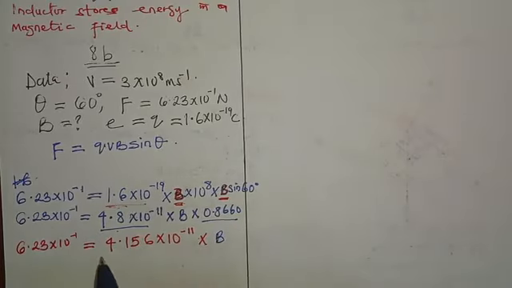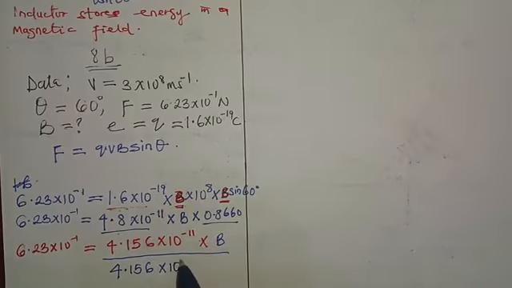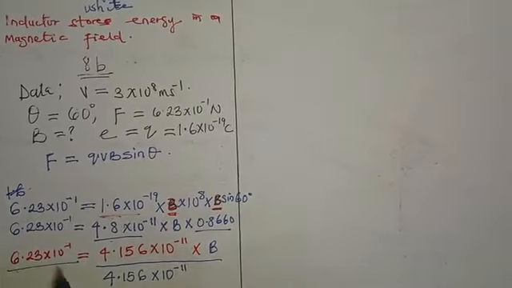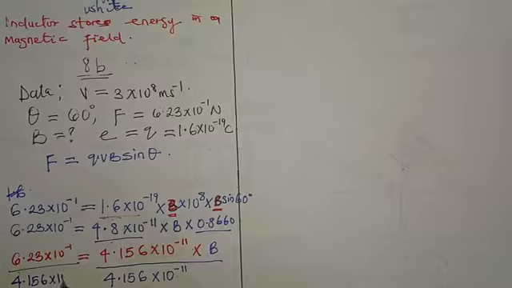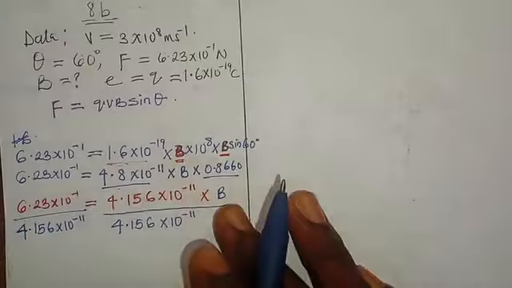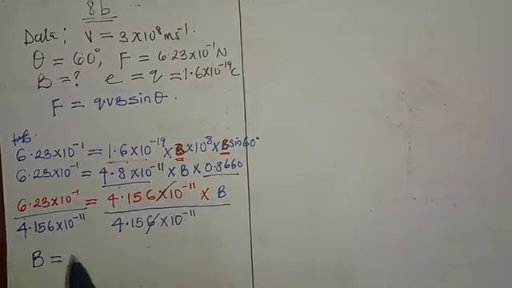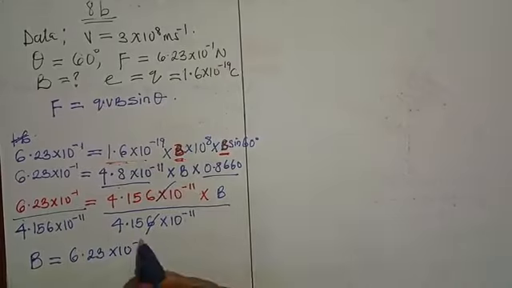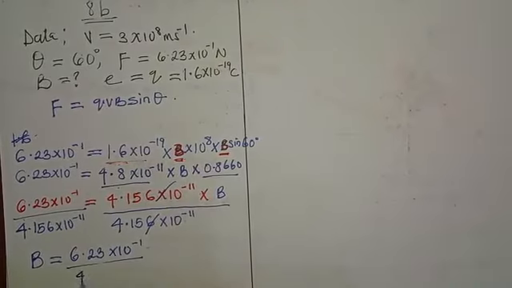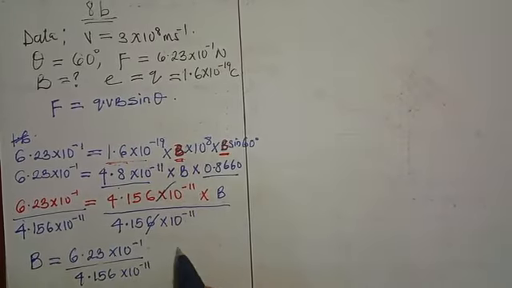So the next thing is to divide both sides by 4.156 times 10 raised to power minus 11. This also 4.156 times 10 raised to power minus 11, so that this will go with this. So we'll be left with B equal to 6.23 times 10 raised to power minus 1 all over 4.156 times 10 raised to power minus 11.